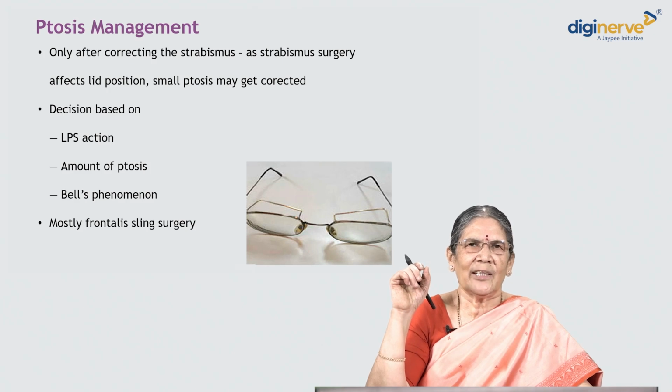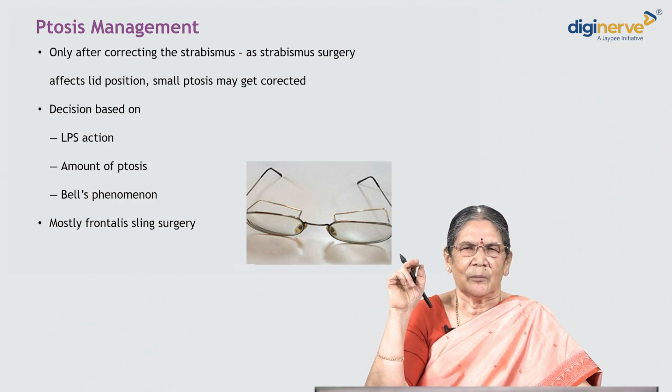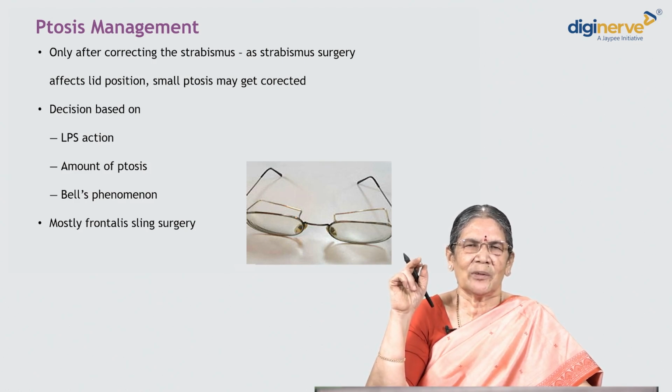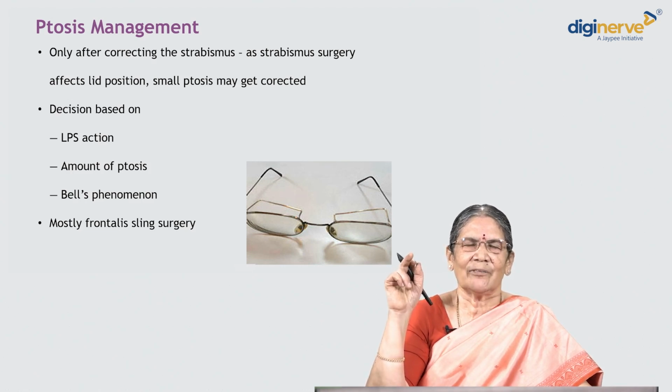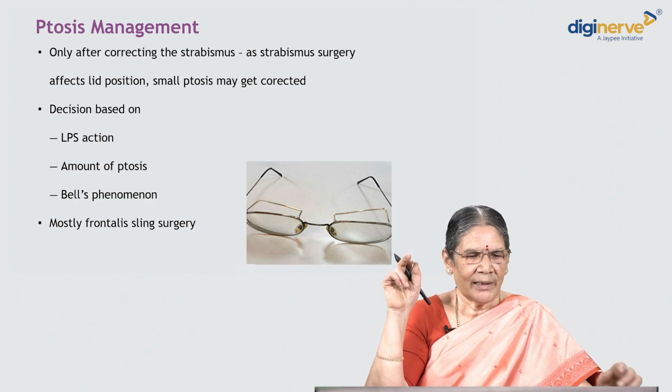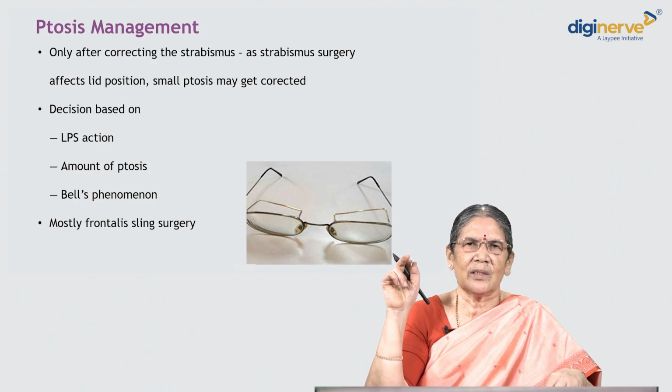When you come to the management of ptosis, you have to do careful planning, because after correcting the strabismus you might have some correction of the ptosis also. If that is not corrected, if the action of the LPS is very good and there is enough Bell's phenomenon to protect the eye, then we can think about doing a frontalis sling surgery to correct the ptosis.